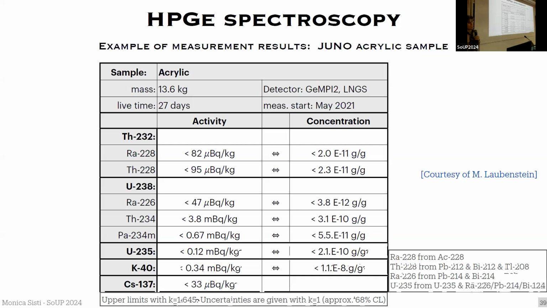Of course, JUNO is not in Gran Sasso, so this was a favor that Matthias made to me to make these measurements. 14 kilograms of the JUNO acrylic, and these are the results of the measurement. These are all upper limits, but you see that it could reach a very good sensitivity.